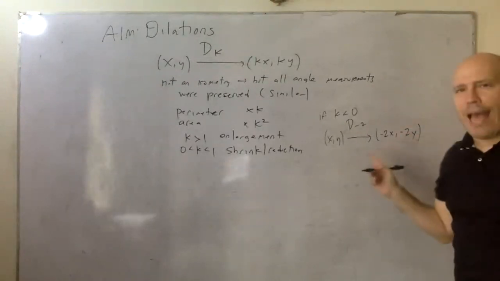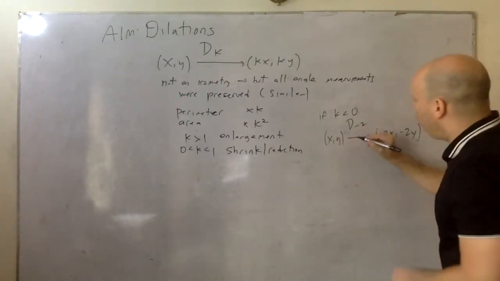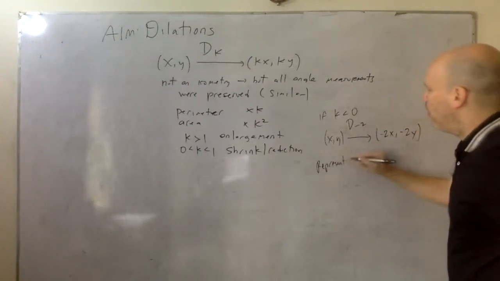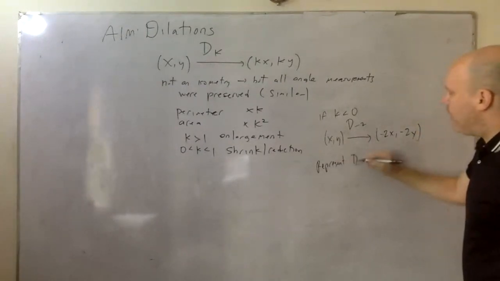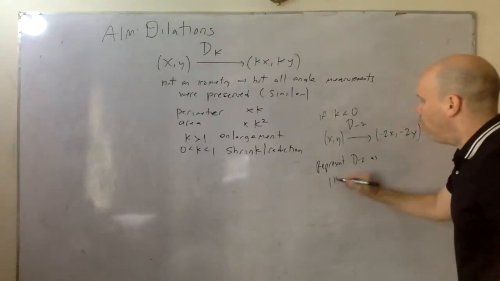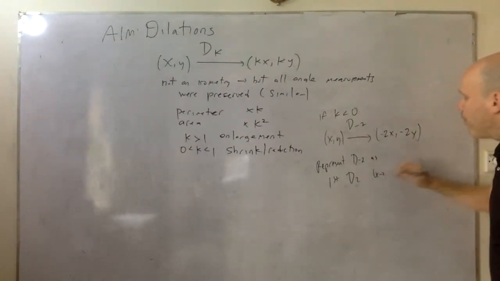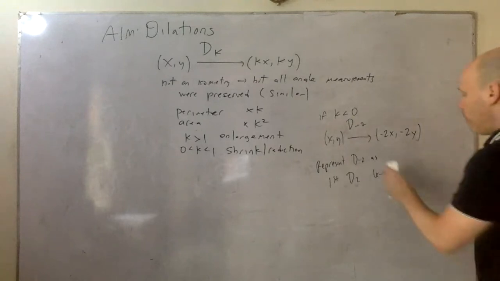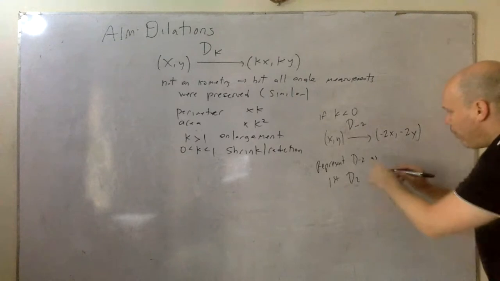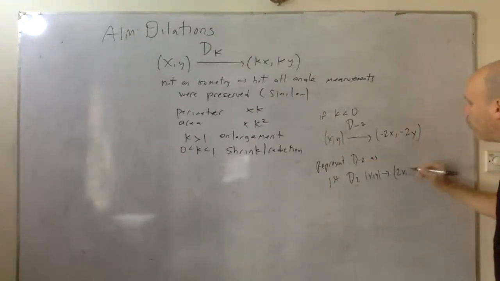What we actually want to do is represent a dilation of negative 2 as, first, a dilation of 2. So XY gets mapped to 2x, 2y.